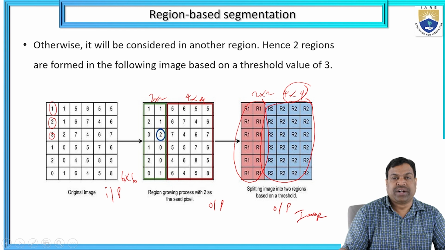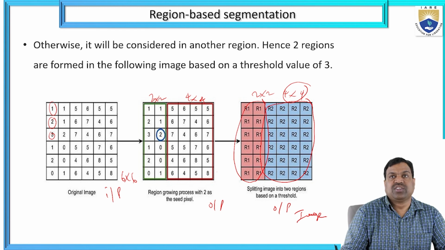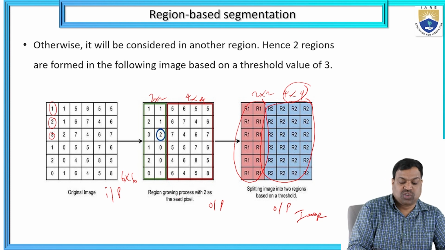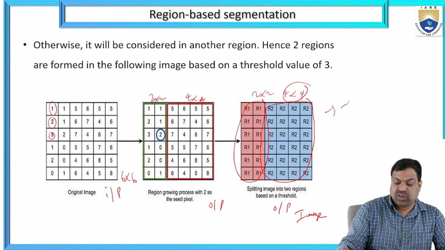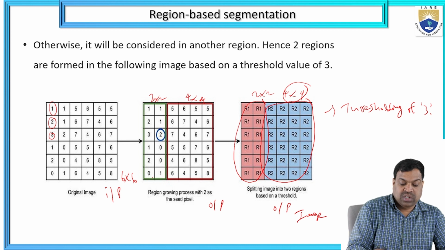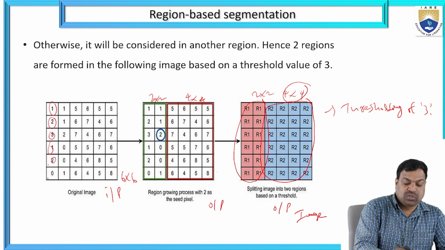So it is split like this, and the rest will be considered as another region. Hence, two regions are formed for the following image based on a thresholding of 3. Here we have 1 2 3 1 2 0 1 1 2 0 like this.